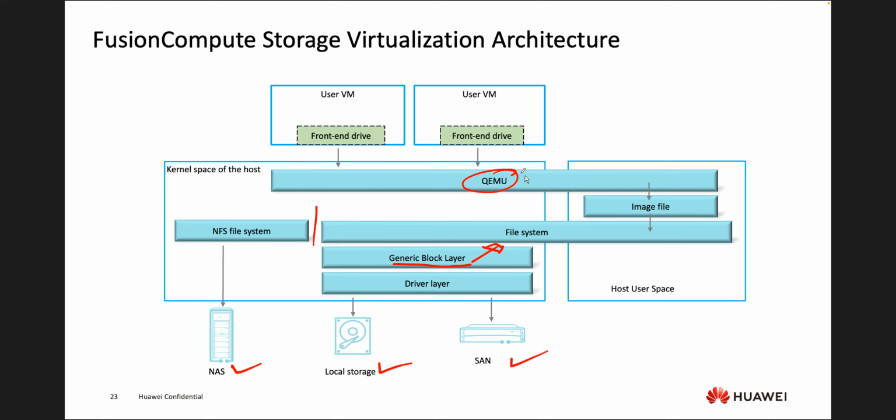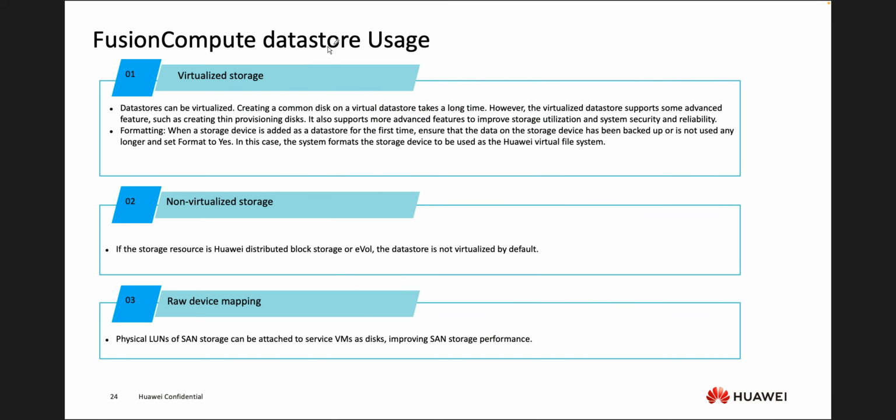This is how the connection works between the hardware and the storage side, using the generic block driver layer, which is more for block storage, or the driver layer, which is more for any type of files that you need to store. So when we look at data stores in FusionCompute, we have virtualized storage, where you take the physical disk and break it down into virtualized storage.